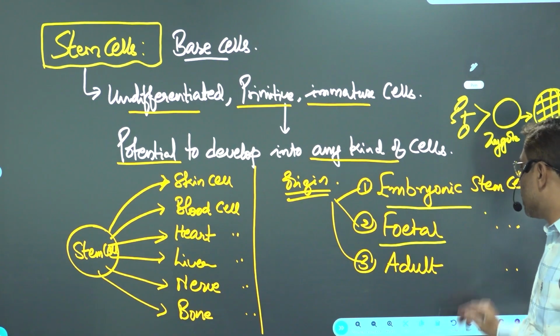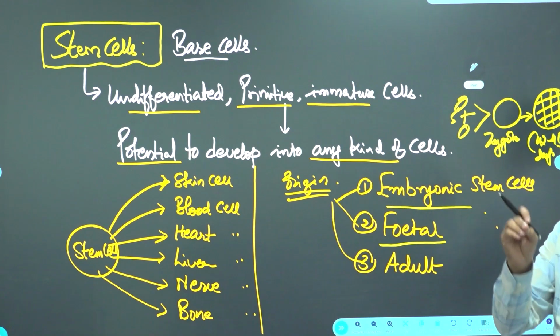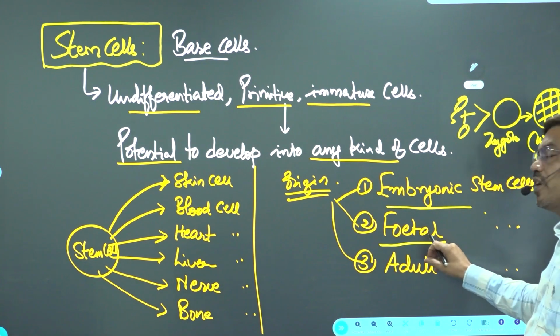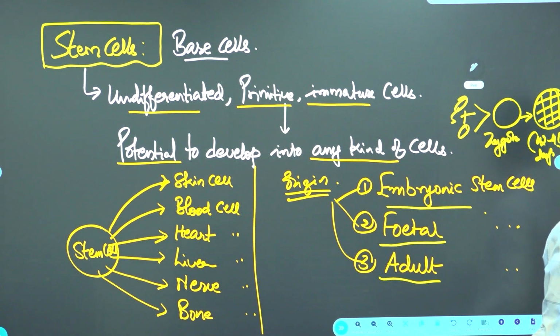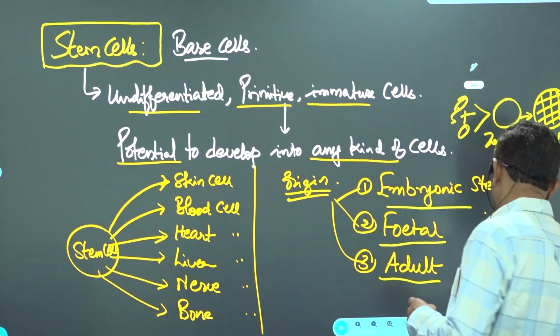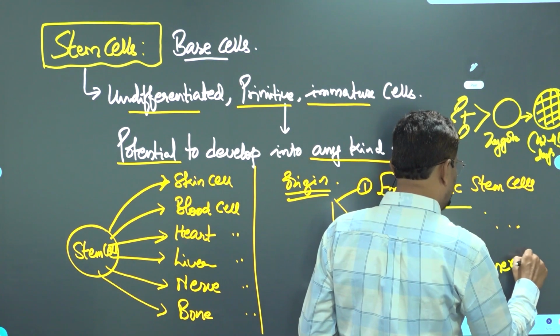Then fetal stem cells. After the embryonic stage, the fetus stage will start. That is an immature baby, and that immature baby we call a fetus. And adult stem cells are in our adult body, in the adult organism. For example, bone marrow is an example of adult stem cells.